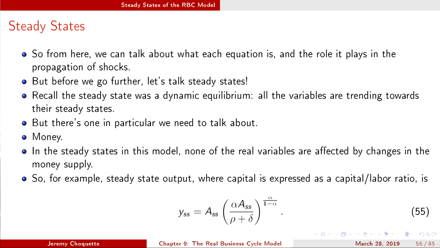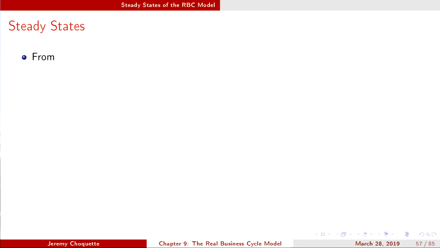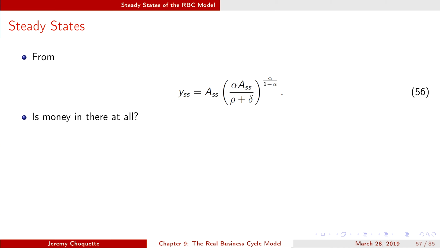So steady state output, which is a function of steady state capital, which is what's in the parentheses, is not a function of the money supply. There's no money in there at all.